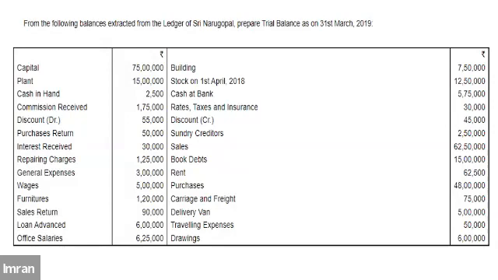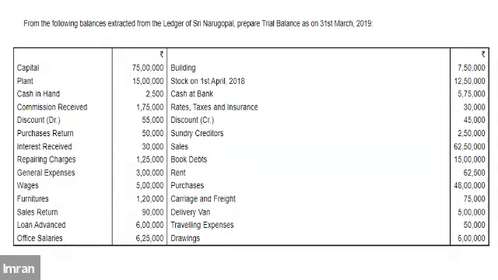Then returns outward is a revenue. Interest received, revenue, repairing charges, expense, general expense, obviously it is an expense, wages expense, furniture is an asset, sales return is a loss, it is an expense.